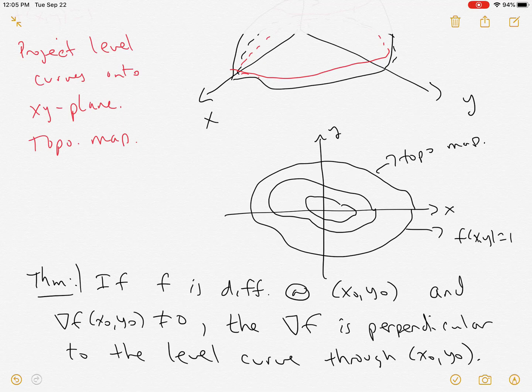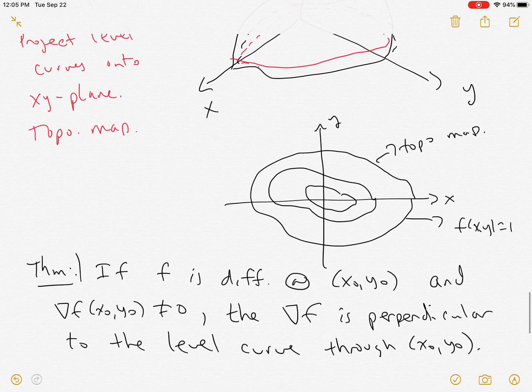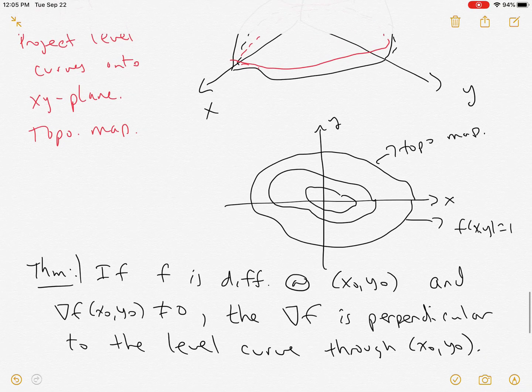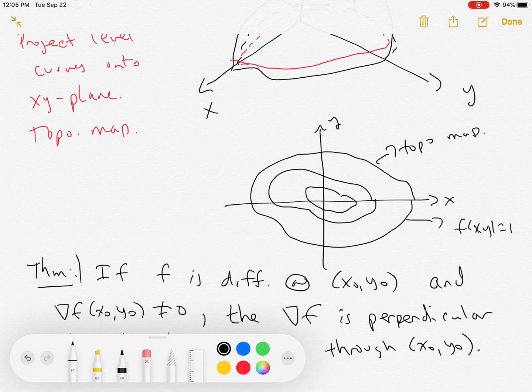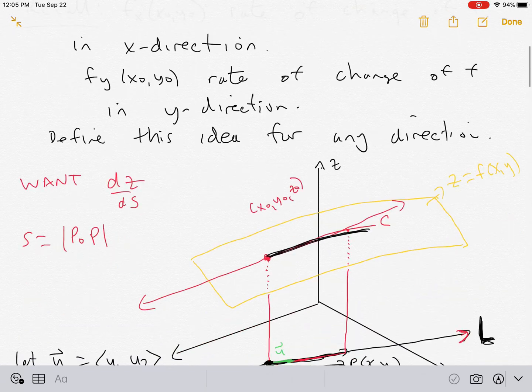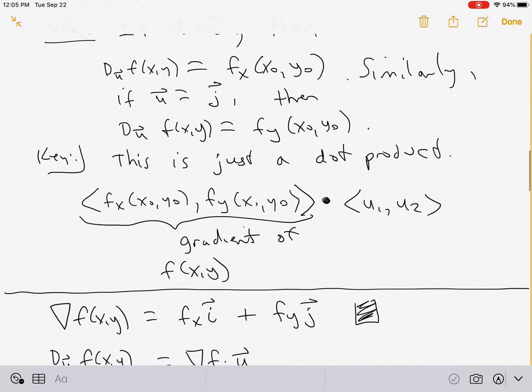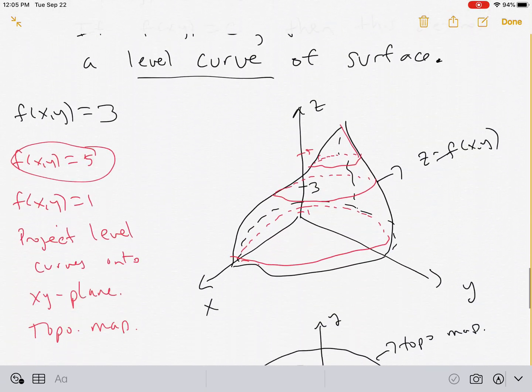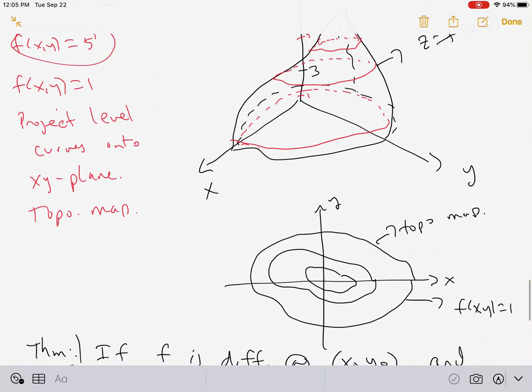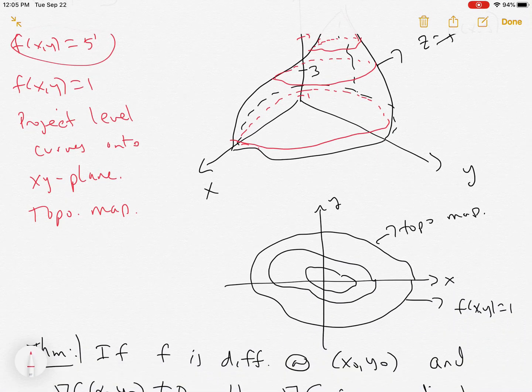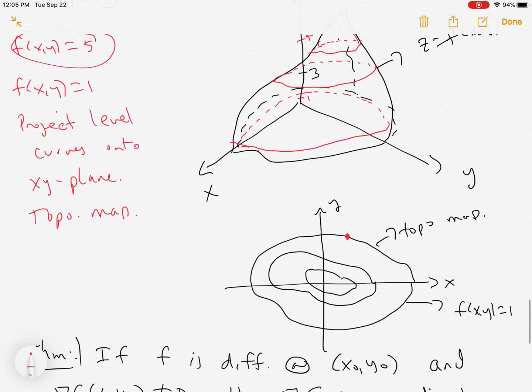Okay, so check this out here. I'm going to keep this picture up there because it'll be fine. On this level curve here, I'm going to put this point here.